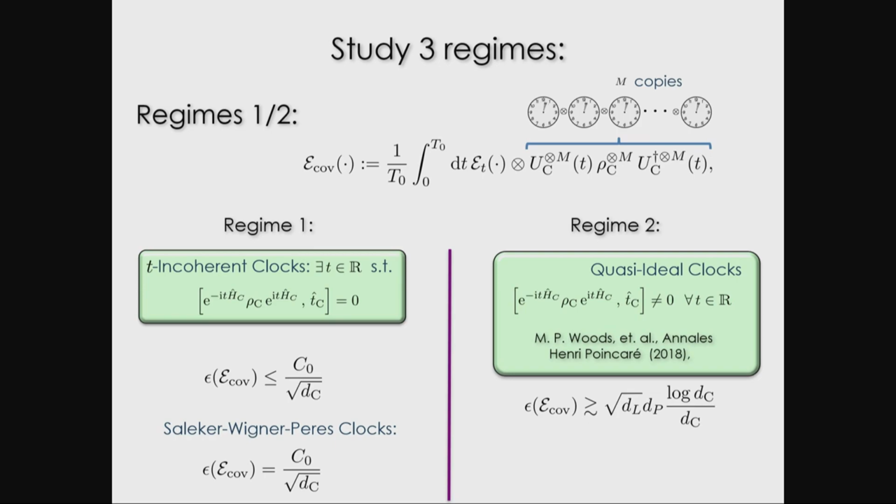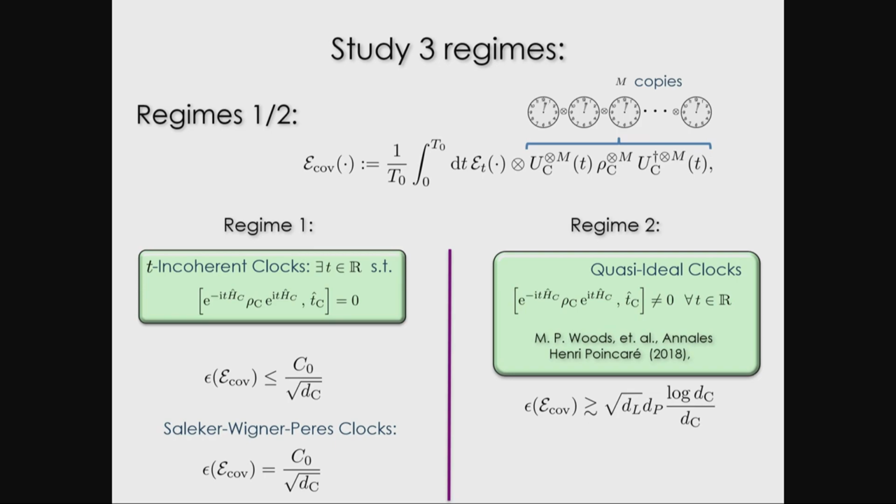And it turns out that this is a big constraint on how well you can use this for decoding, because for these clocks we have an upper bound, where C naught is the dimension of the clock.